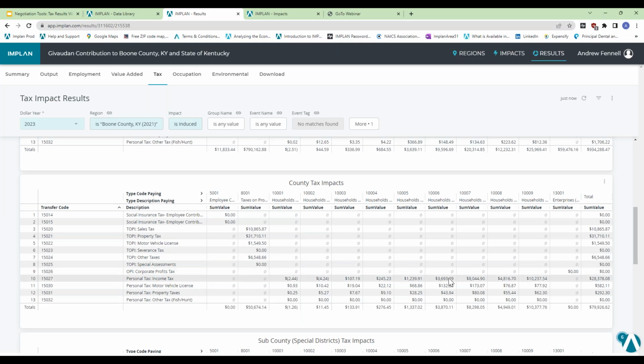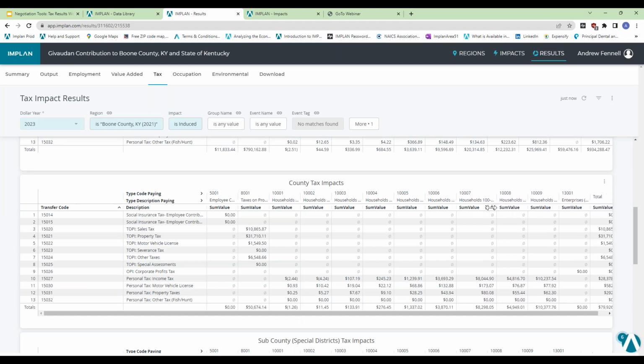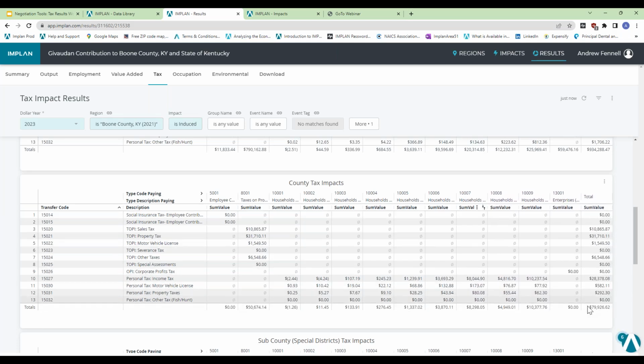Even seeing some county income tax of our higher earning individuals here, county tax table right here. This induced piece, that $80,000 of county taxes right there, that's the amount that could potentially not be supported if all of these individuals weren't working there anymore.